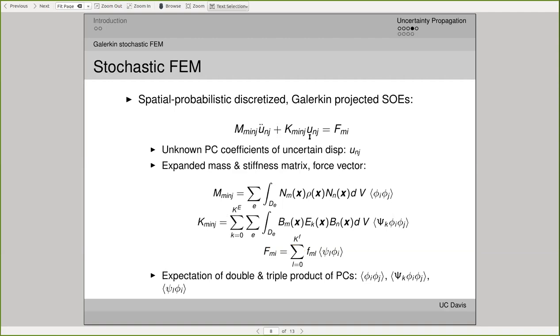This becomes a deterministic ordinary differential equation of the unknown deterministic polynomial chaos coefficient of this uncertain displacement. And in order to construct all of this expanded mass and stiffness matrix, we're going to need the expectation of the double and the triple product of the polynomial chaos.